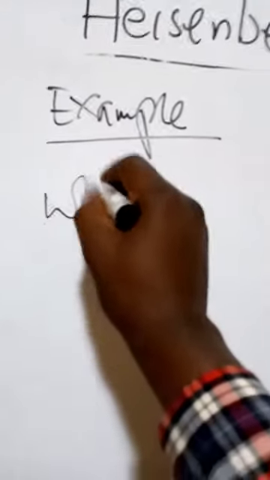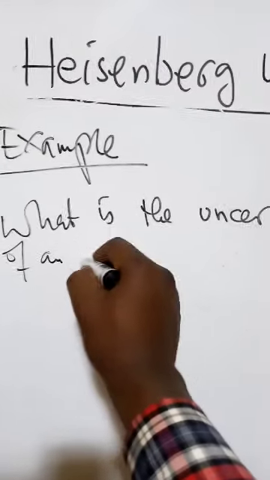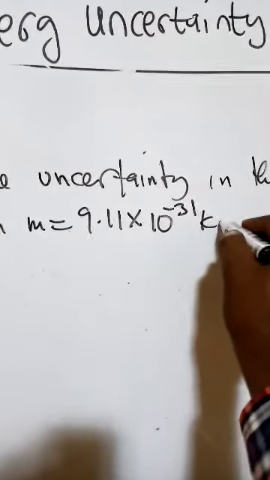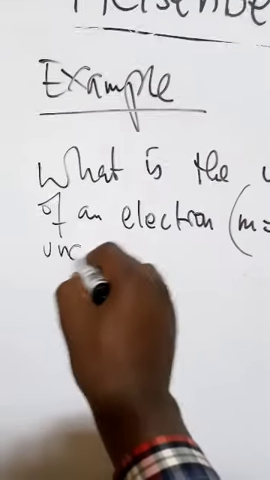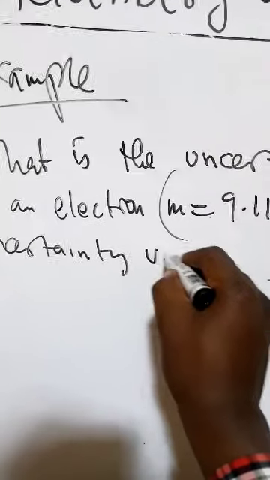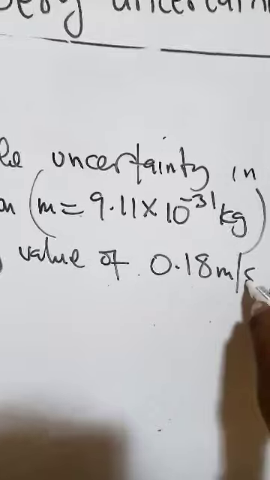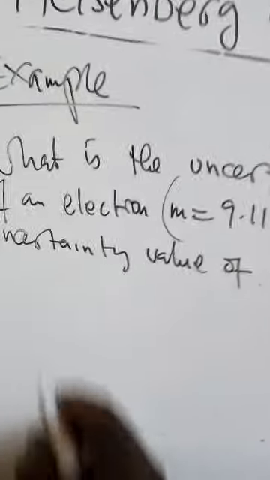Example: what is the uncertainty in the position of an electron of mass 9.11 times 10 to the power negative 31 kg, given an uncertainty value of 0.18 meters per second in the velocity of the electron?